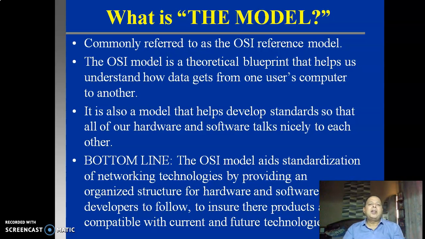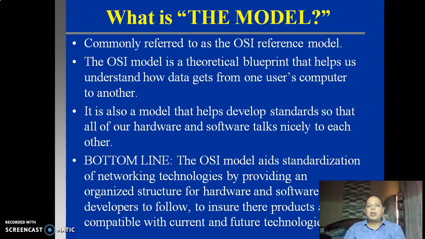So the practical task of data transmission and reception is a little different from what is done in the OSI model, because this model was specified way back in 1984, and it is just a theoretical blueprint which has categorized the task of data transmission and reception into different steps and different layers so that one can systematically analyze how this entire process takes place.